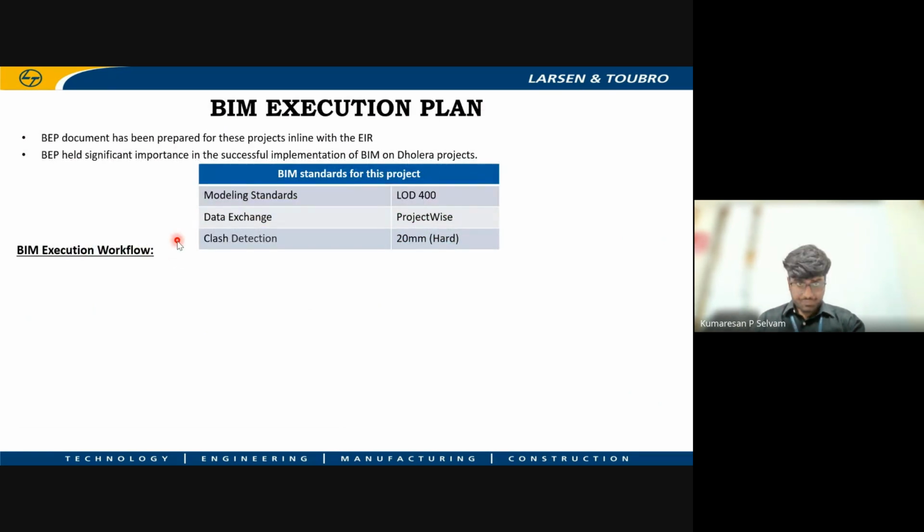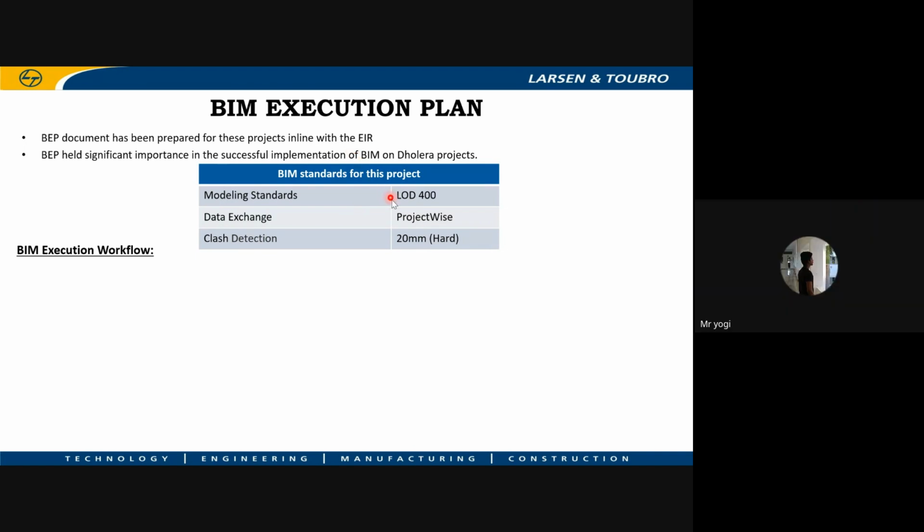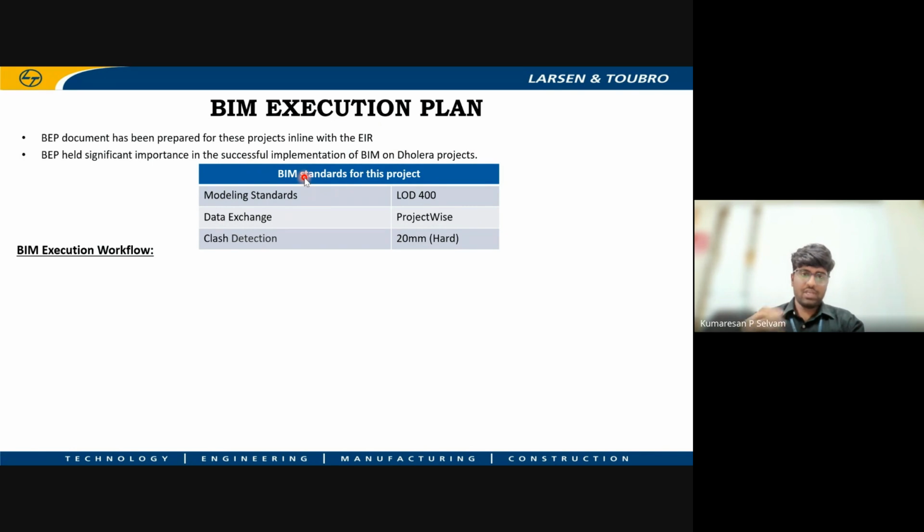One of the main implications of this project was that the client mandated a BIM execution plan, which clients normally don't do in most irrigation projects. But here we were mandated to provide the BIM execution plan.